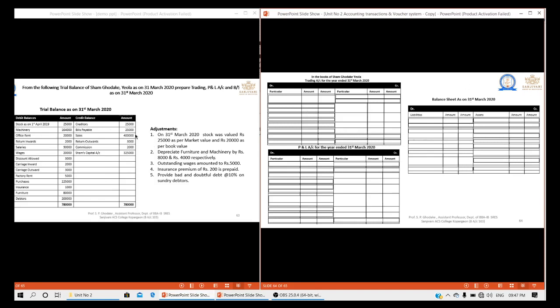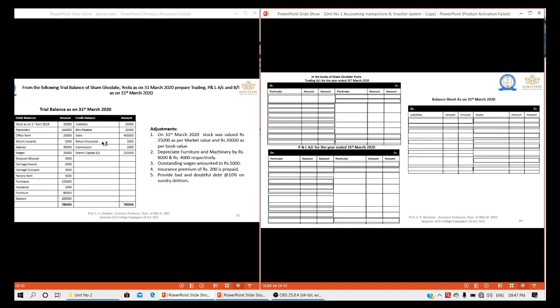As we have seen in the important points of preparation for a sole proprietorship, all the debit items are always transferred to either the trading account debit side, the profit and loss account debit side, or the balance sheet asset side. This is the point to be remembered.